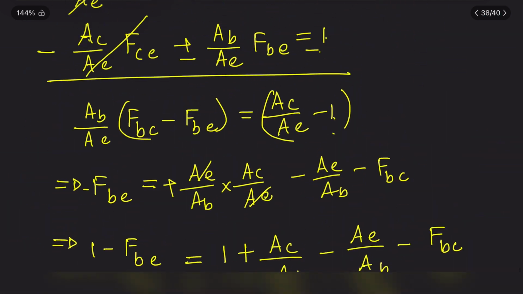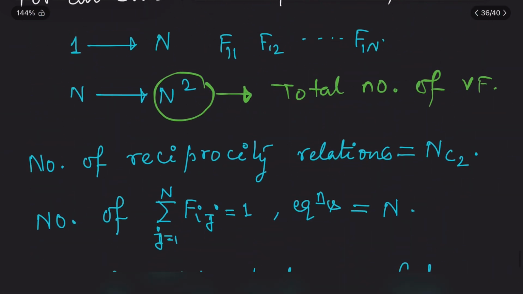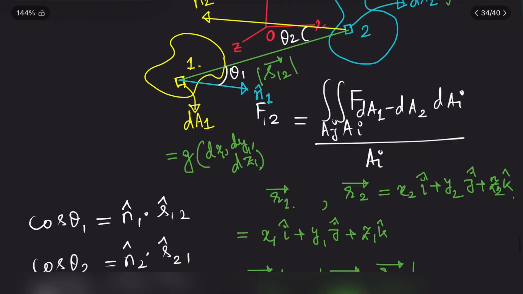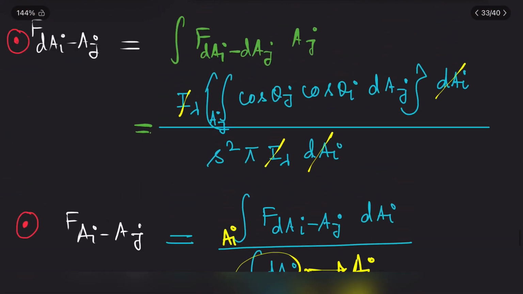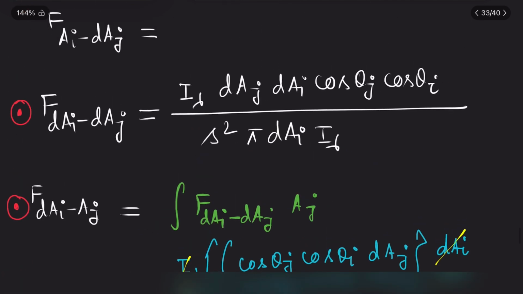Now at this point I would like to remind you to always go back to the basics. These things are kind of formulae, but the basic is these things here.